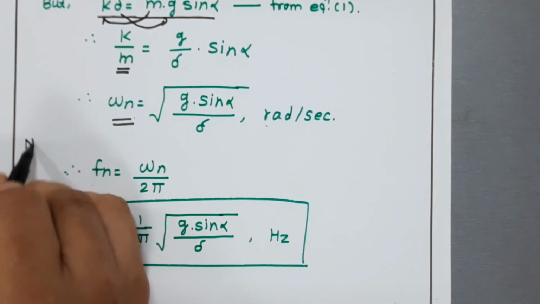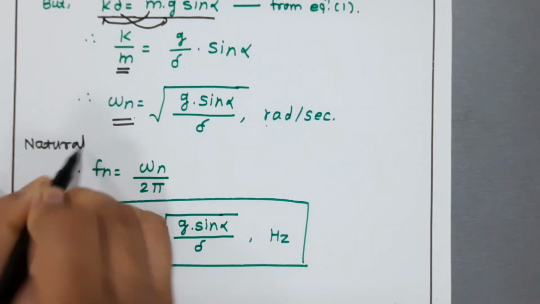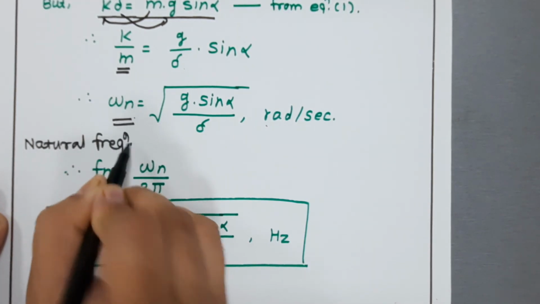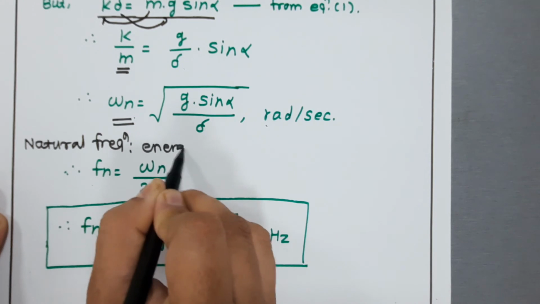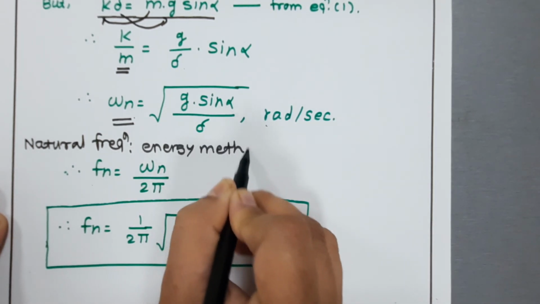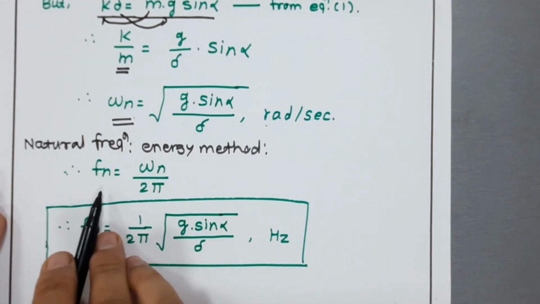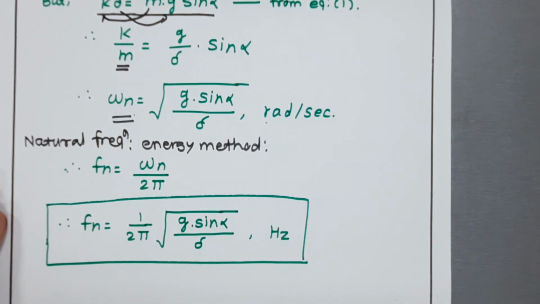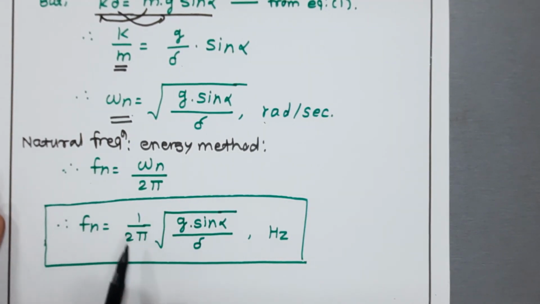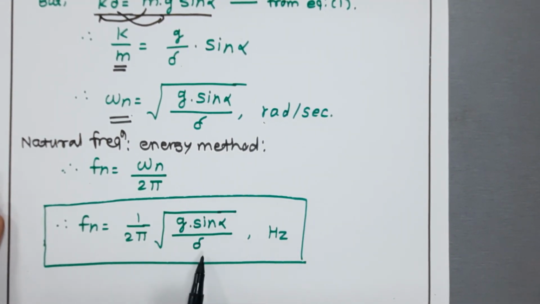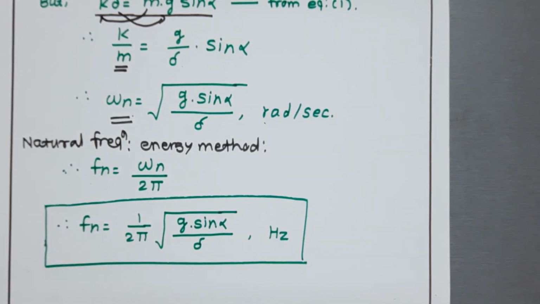So natural frequency Fn is equal to omega n upon 2 pi. Therefore Fn is equal to 1 upon 2 pi under square root of g into sin alpha upon delta hertz. This is the natural frequency by the energy method.